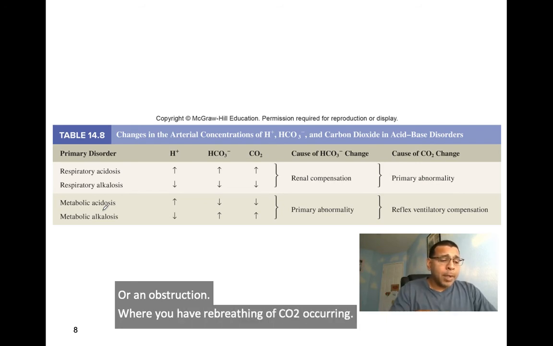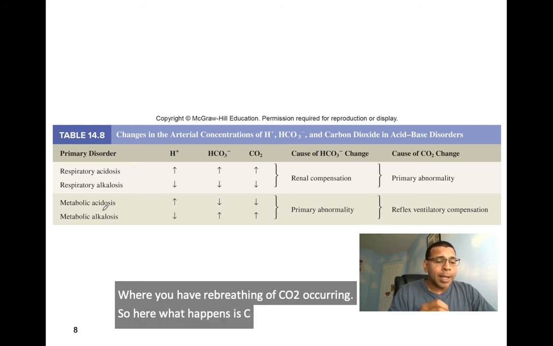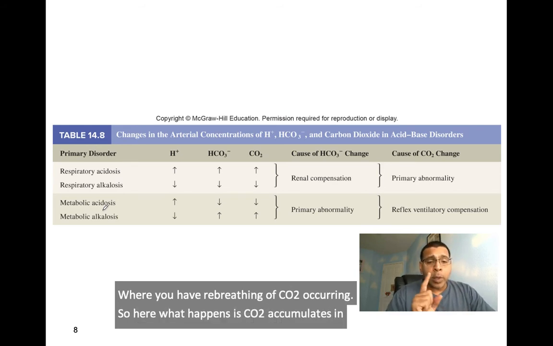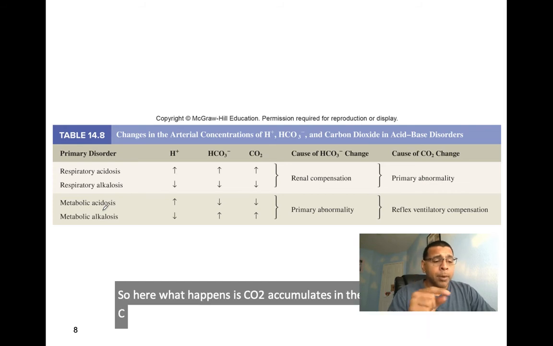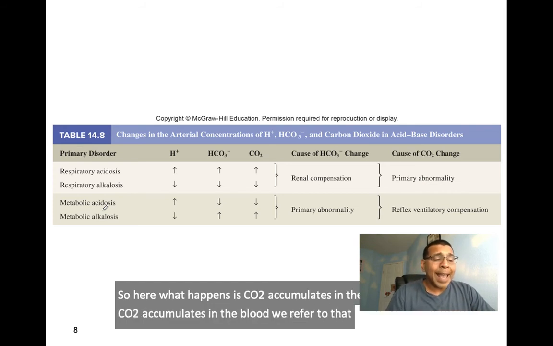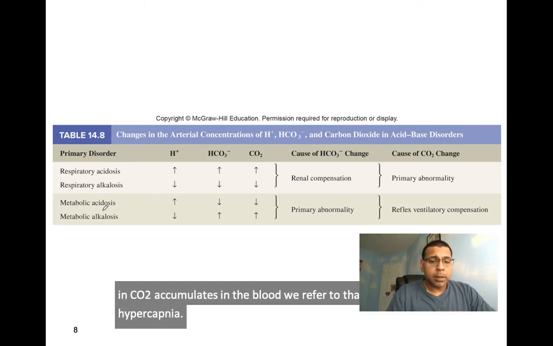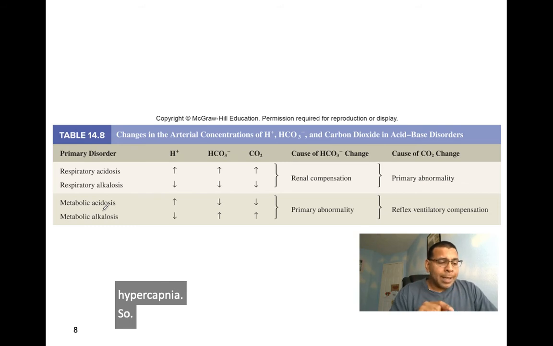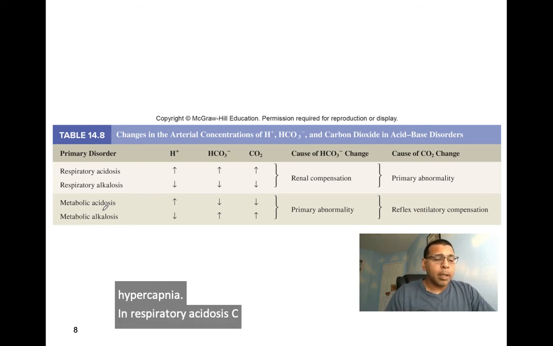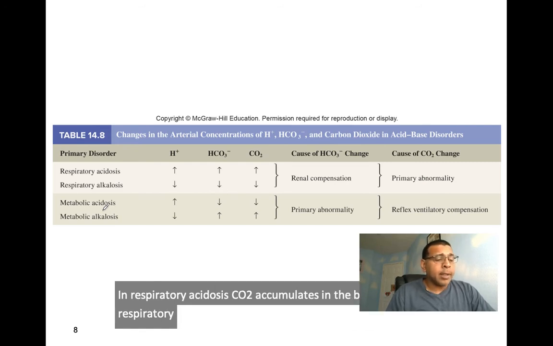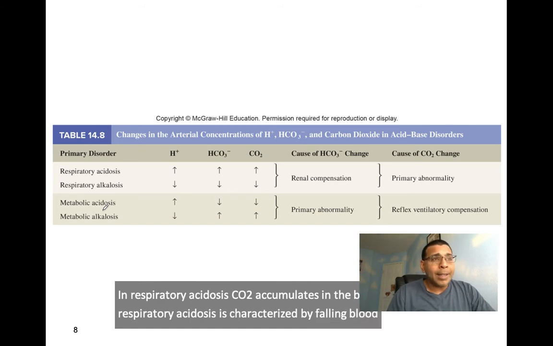CO2 accumulates in the blood, which we refer to as hypercapnia. Thus, respiratory acidosis is characterized by falling blood pH and rising PCO2.